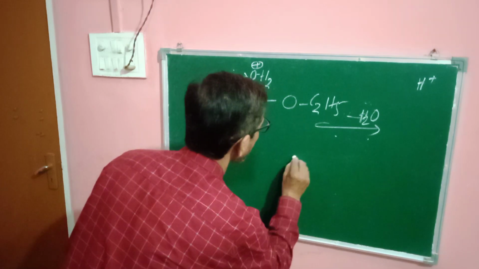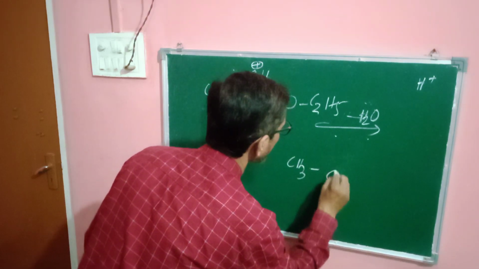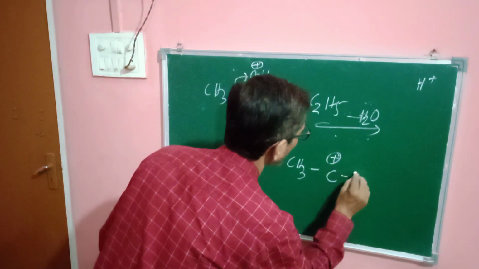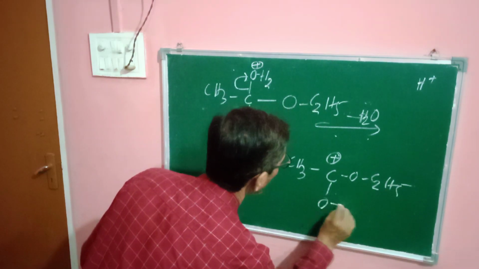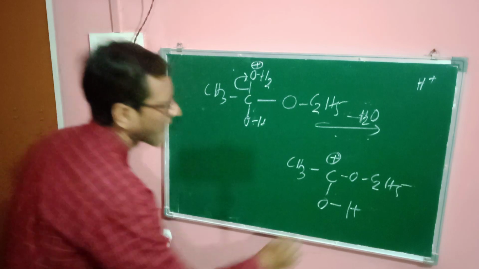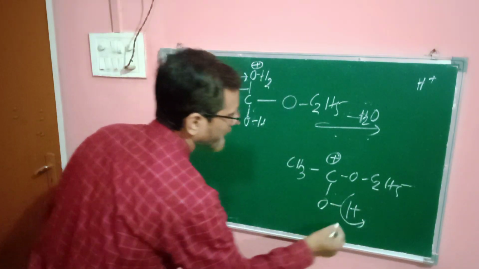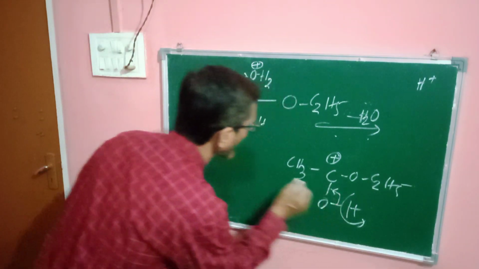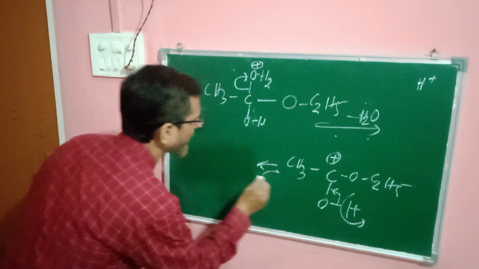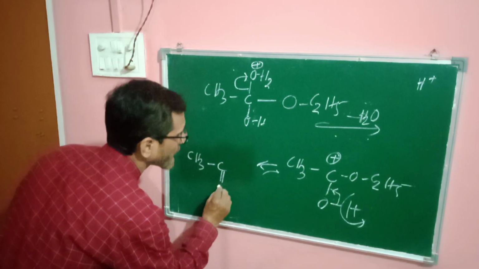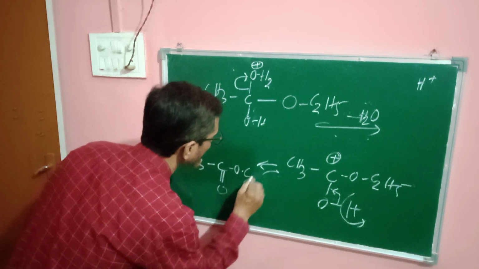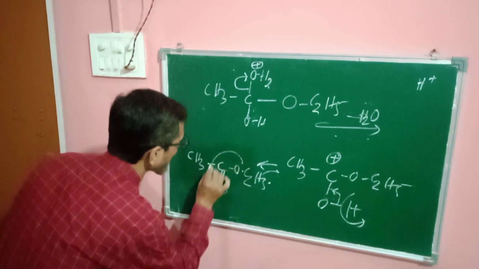So what you are getting is CH3C plus, OC2H5OH. Now finally that proton leaves, and that bond comes in this way. You are getting C double bond O, C2H5. Is it not an ester?